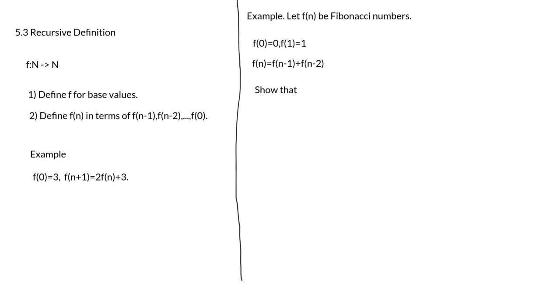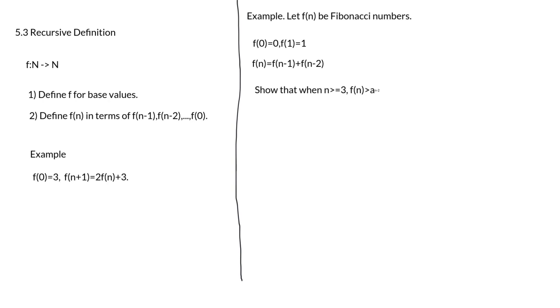Show that when n is greater than or equal to 3, we have f(n) greater than a to the n minus 2.